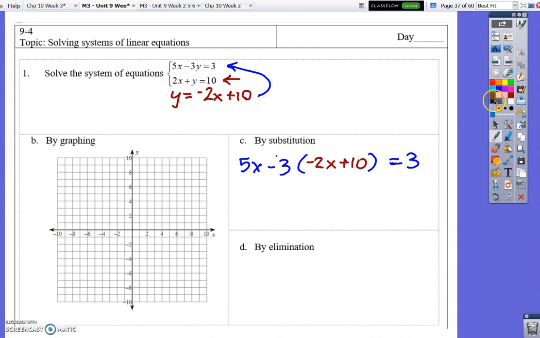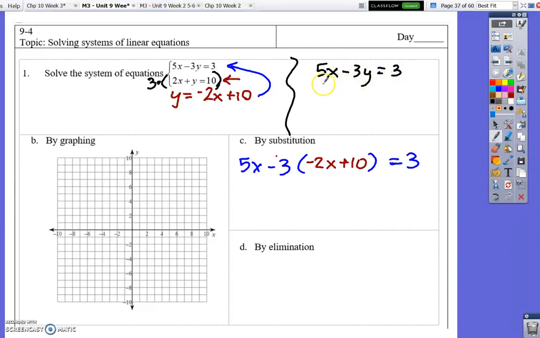For part D, we will be using elimination. So we're going back to the original problem, and so we'll do it a little bit over here. We're going to take the second equation and times it by 3 so that y will eliminate. And so the first equation stays the same, 5x minus 3y equals 3.